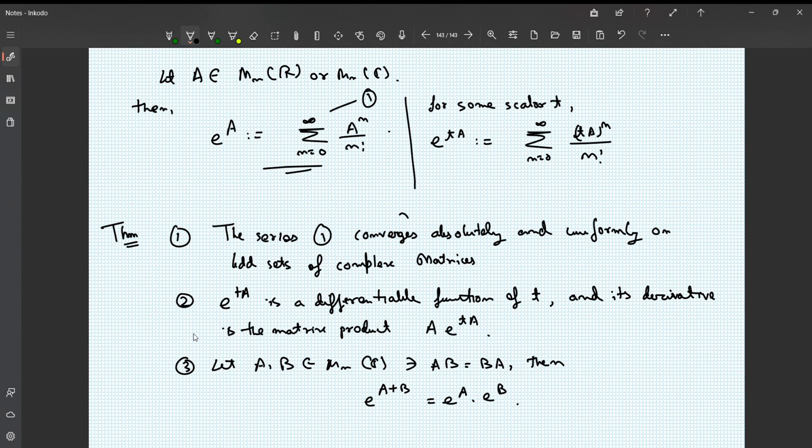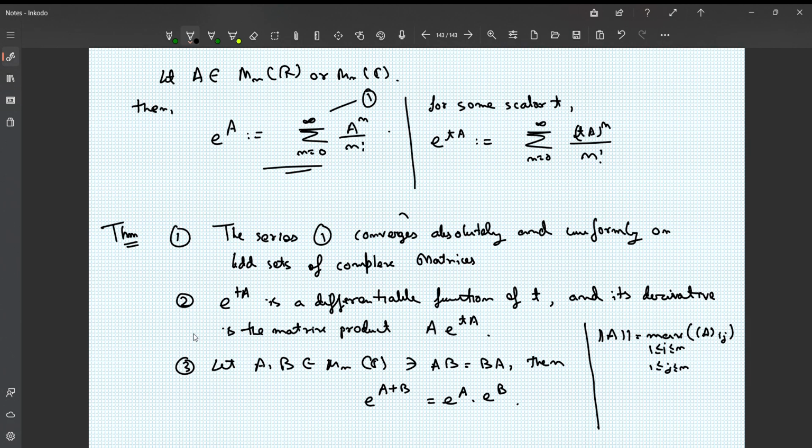The proof of these theorems requires the concept of the norm of a matrix. We define the norm of a matrix as the maximum of the entries of A, where we are considering an n cross n matrix, so this is the range.